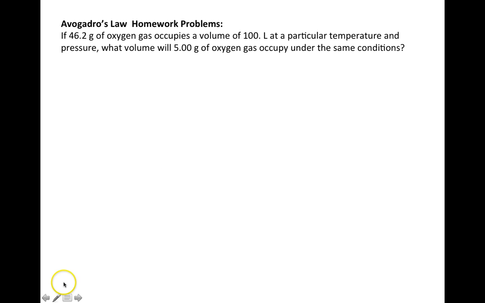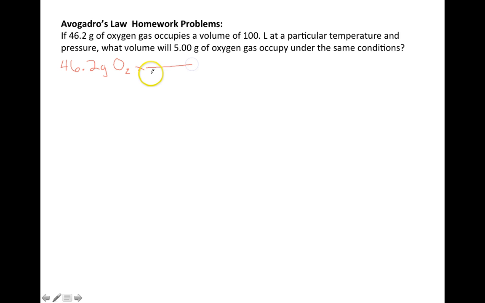And let me pull up the pen. Okay, so here we go. This time we have grams of oxygen. So we know that we have 46.2 grams of oxygen gas, which is O2 is its formula. And I can tell you right off the bat, if we're doing gas law problems, we need to change that into moles.